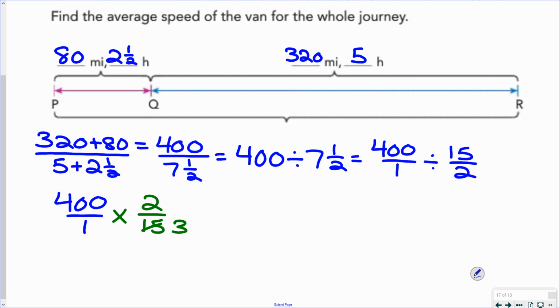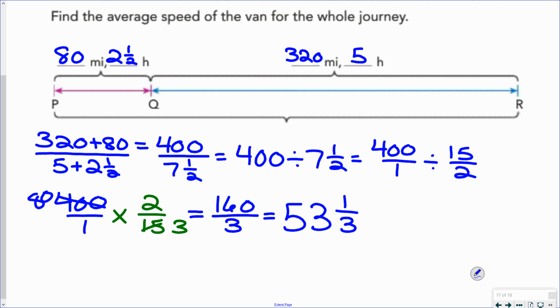That gives me a 3. This gives me 80. 80 times 2 is 160. 3 times 1 is 3. 3 goes into 16 5 times. 16 minus 15 is 1. Bring down the 0, you've got a 10. 3 goes into 10 3 times. 3 times 3 is 9. 10 minus 9 is 1. And so we would have an average speed of 53 1/3 miles per hour.